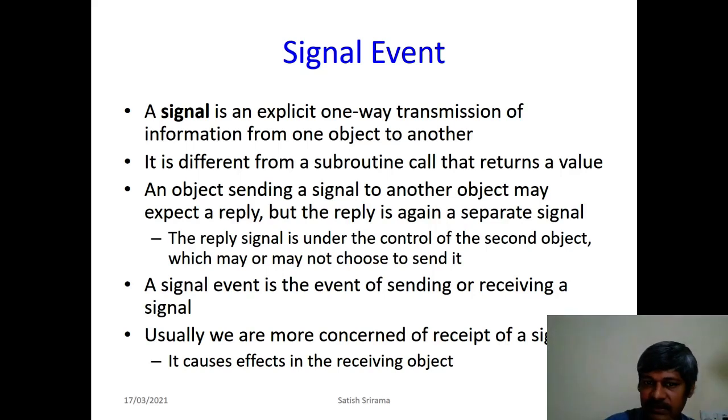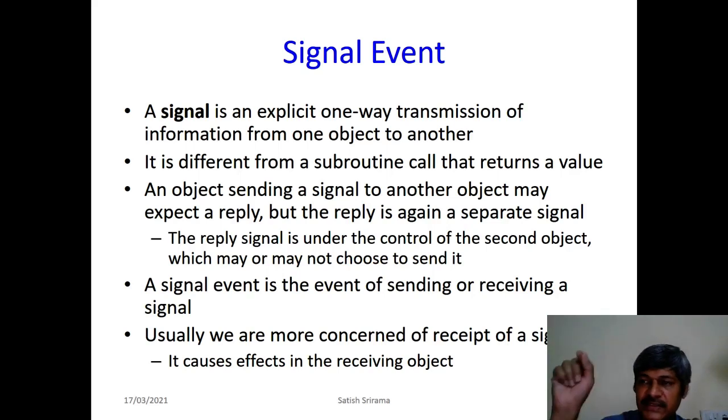So we discussed what a signal is: an explicit one-way transmission of information. And a signal event is the event of sending or receiving such a signal. Usually we are more concerned about the receipt of a signal, because if we are designing an object, receipt of a signal is really critical. Based on the signal it receives, it causes some effect in this object.